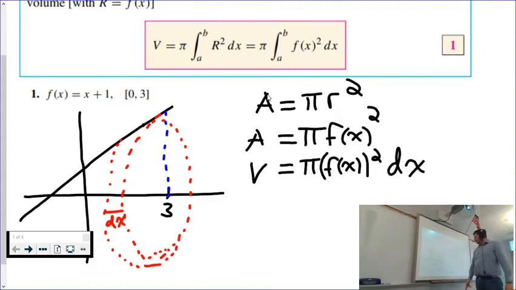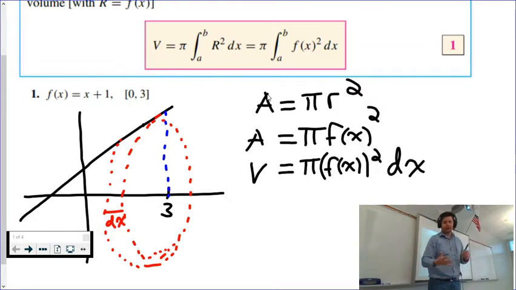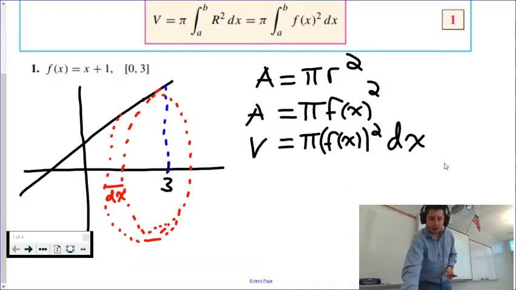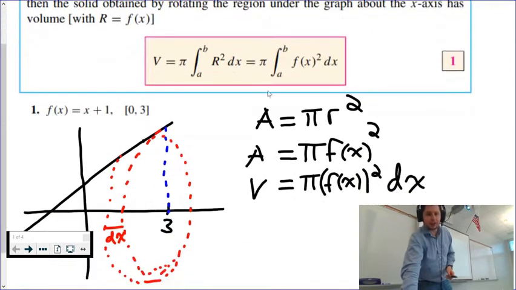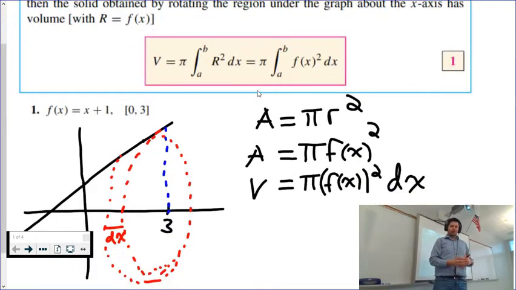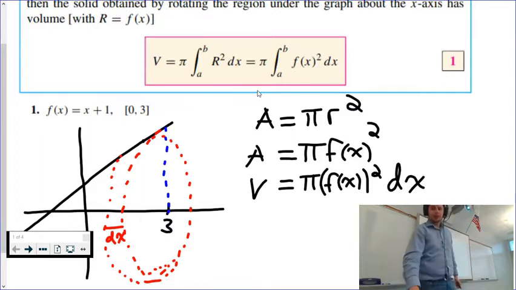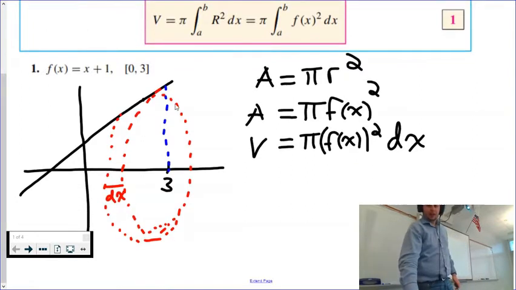So when it comes down to it, we're taking all of these infinitely small disks and adding them up. That's what the integral does. And so you end up with this formula here, where we're taking it on that interval from a to b.